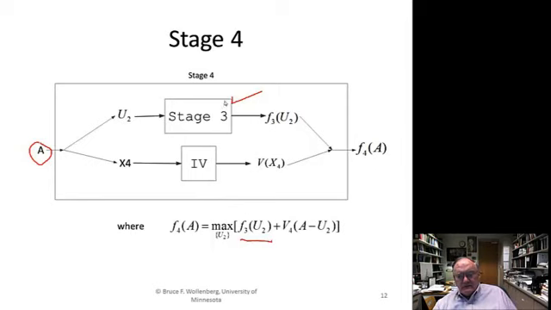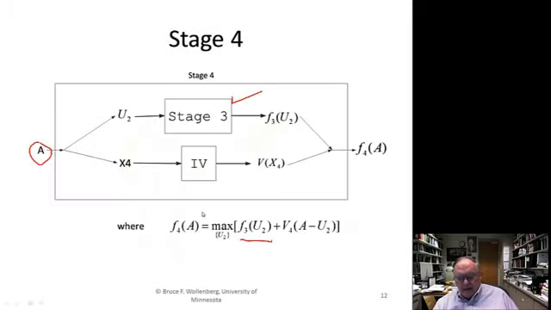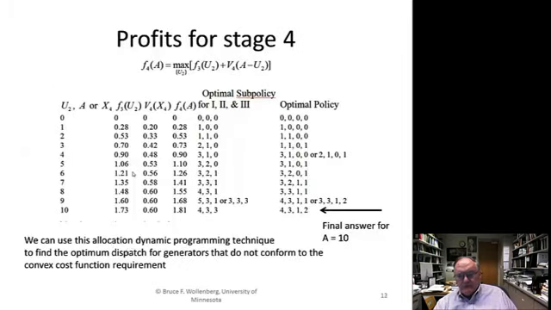Now F3 of U2 is this table plus V4 of A minus U2. So if U2 comes up here, then this amount down here, X4, is A minus U2.